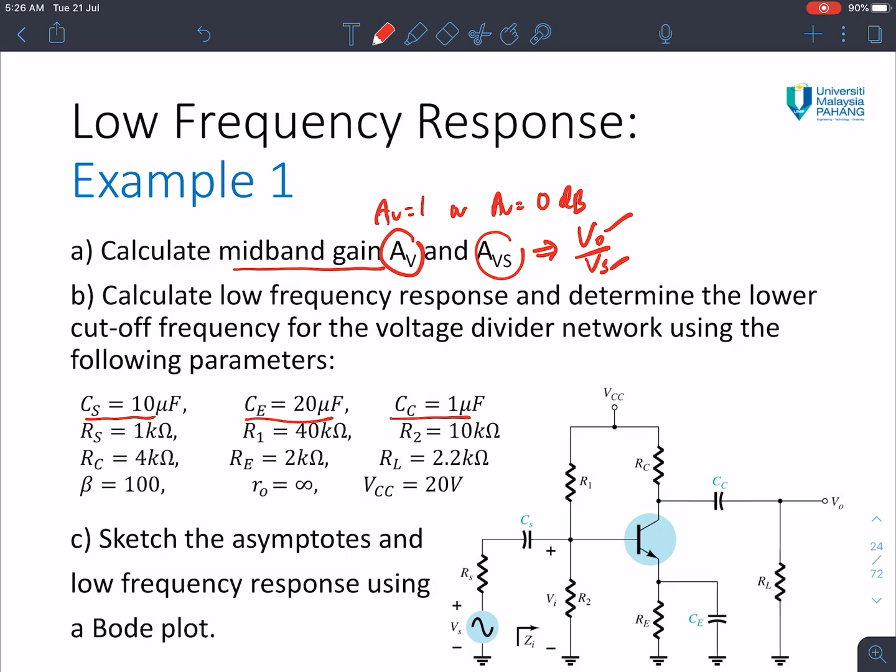And C, sketch the asymptotes and the low frequency response, which is the actual response, using a semi-log graph plot. So this is the voltage divider, and this is a complete circuit. It has RS, it has RL, and it has VS.